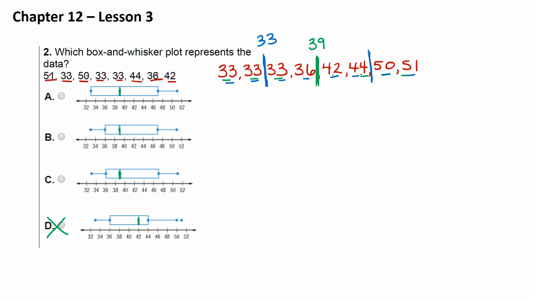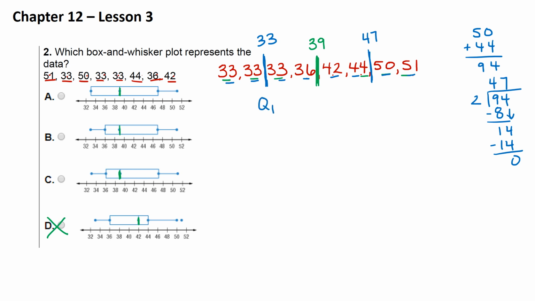And then I have 50 and 44. And 94 divided by 2 is 47. All right, so now we're going to look for quartile 1 and quartile 3.